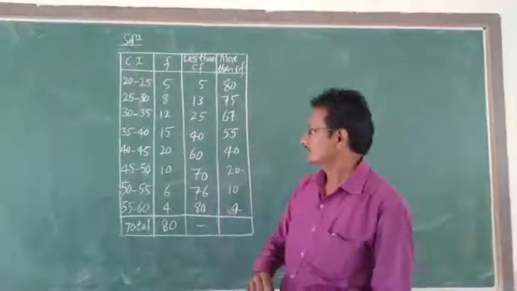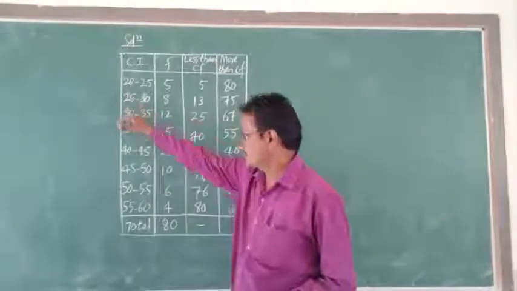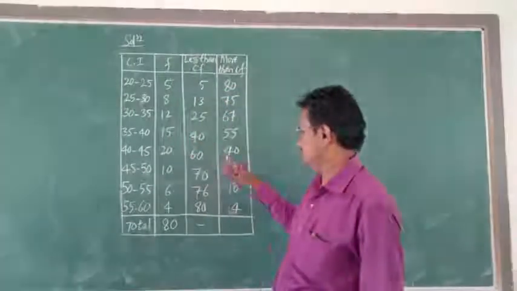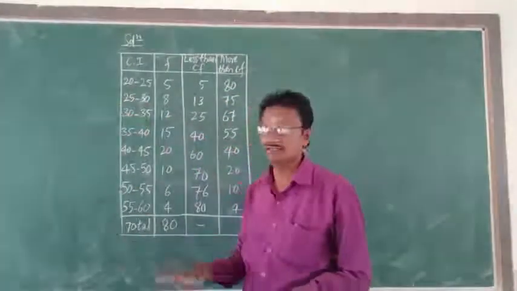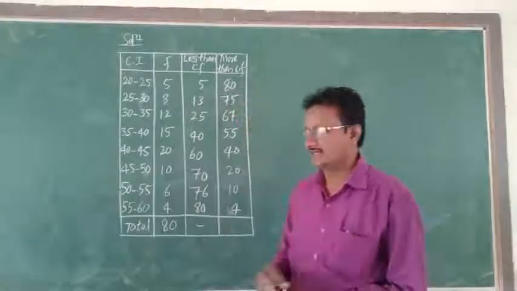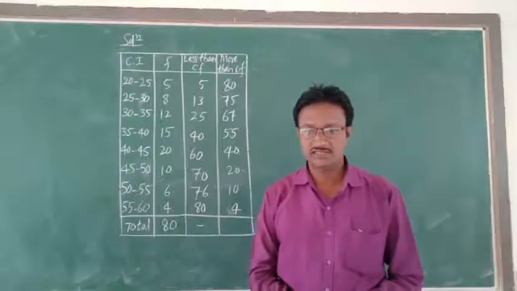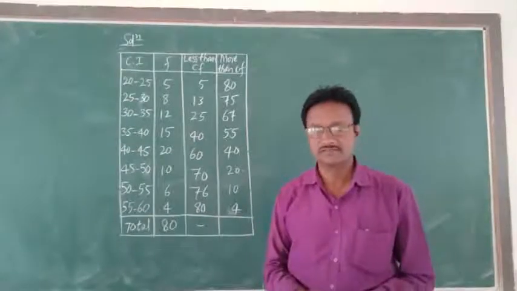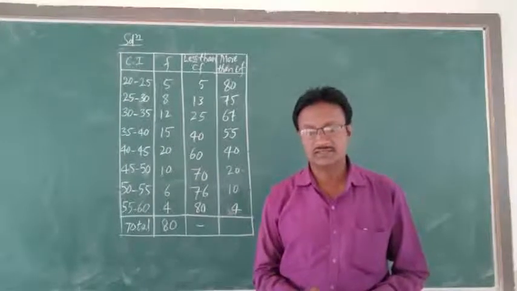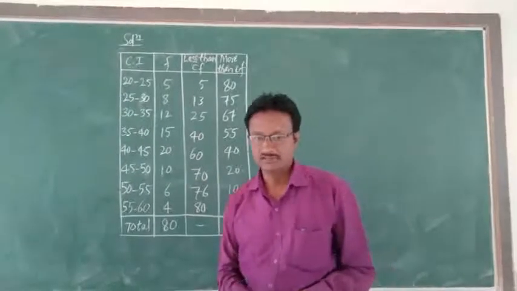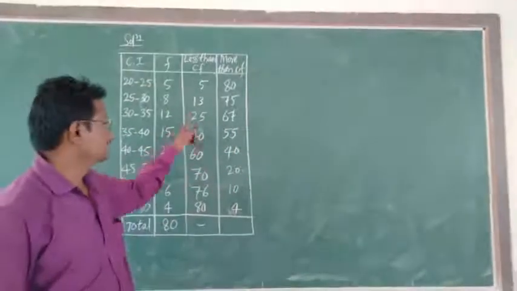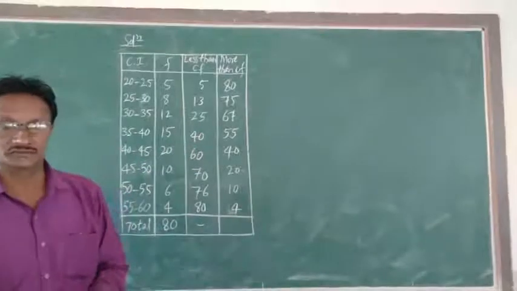Likewise, for the more than ogive, lower class boundaries are taken on the x axis and more than CF on the y axis, and corresponding to these figures, points are marked and all the points are joined to get the more than ogive curve. Let us construct the less than ogive curve first and next the more than ogive curve.